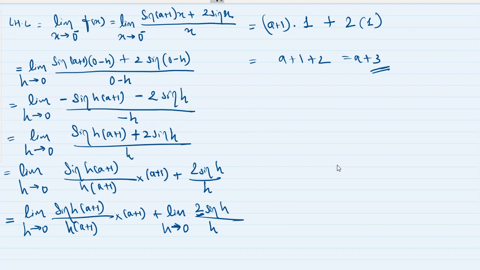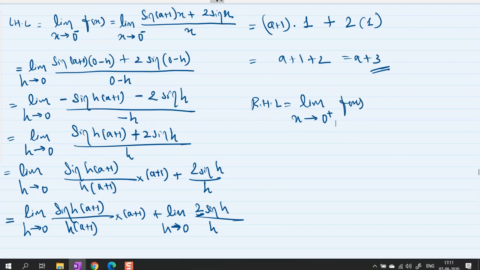Okay, now we'll find the value of RHL. So RHL is equal to limit x tends to 0 plus of f of x.